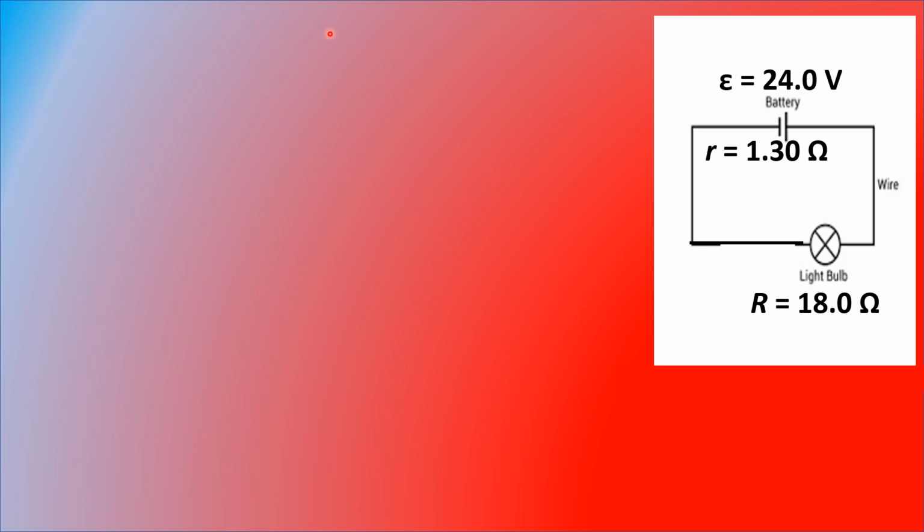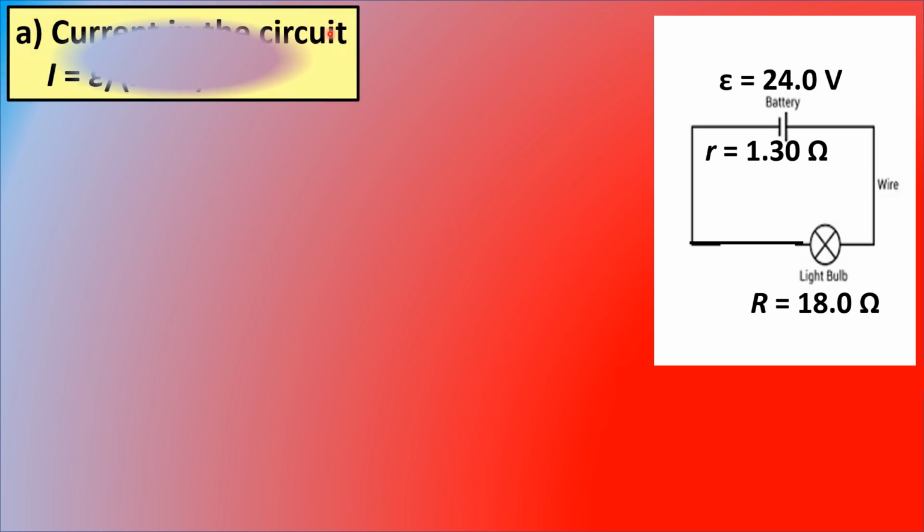Our solution for question letter A, finding the current in the circuit. This current is denoted by capital I, and it is determined by just dividing the EMF, denoted here by the Greek letter epsilon, by the sum of the internal resistance, small r, and the big R, which represents the external resistance.